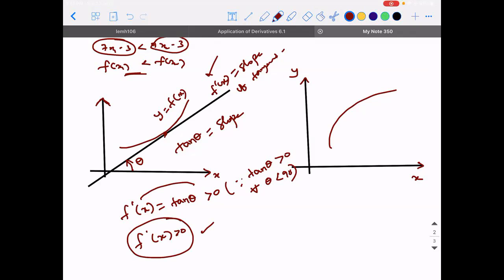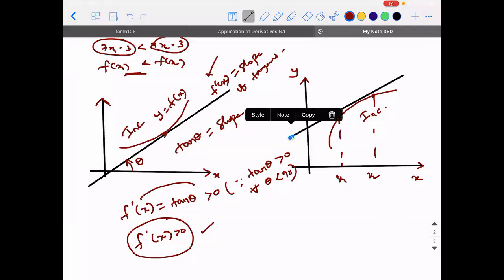So you can ask me a question, sir, is it applicable if the increasing function is going to take a convex structure? Yes, it is. Because this is an increasing function. This is also an increasing function because you take x1, x2, x1 is less than x2, f of x1 is less than f of x2. So if you try to draw a tangent at any point and extend it, what will happen?